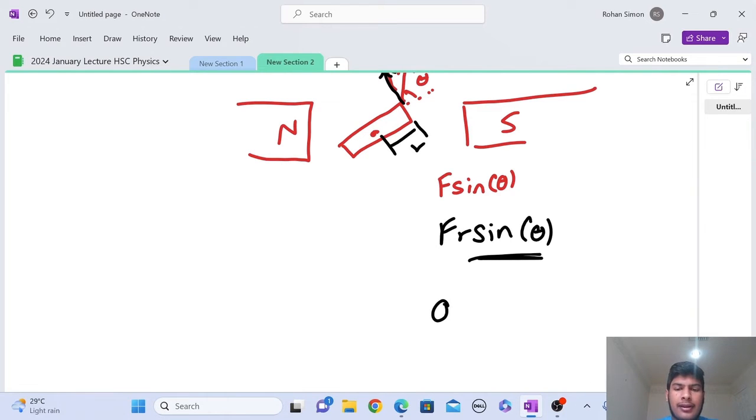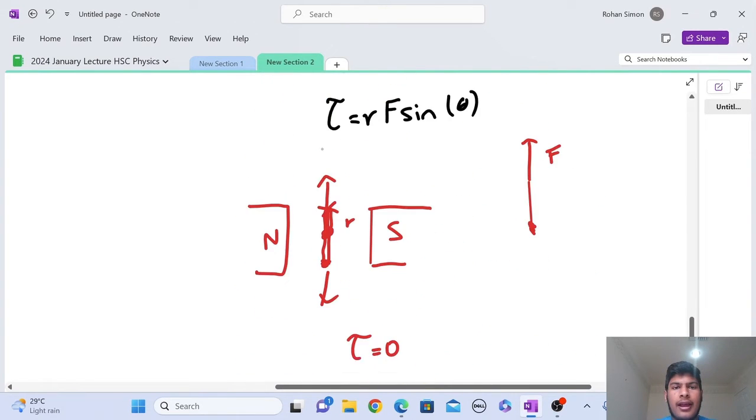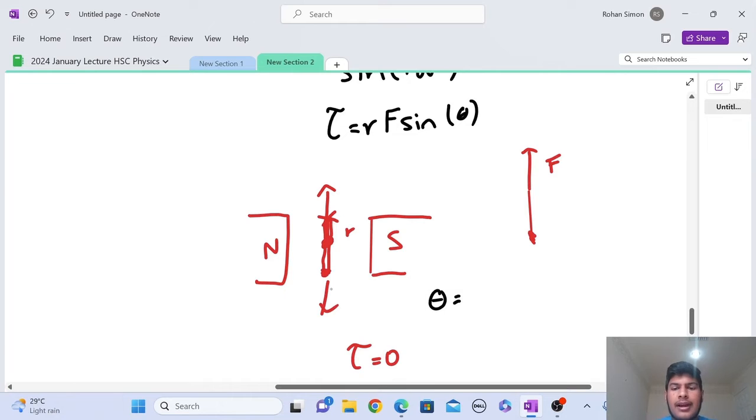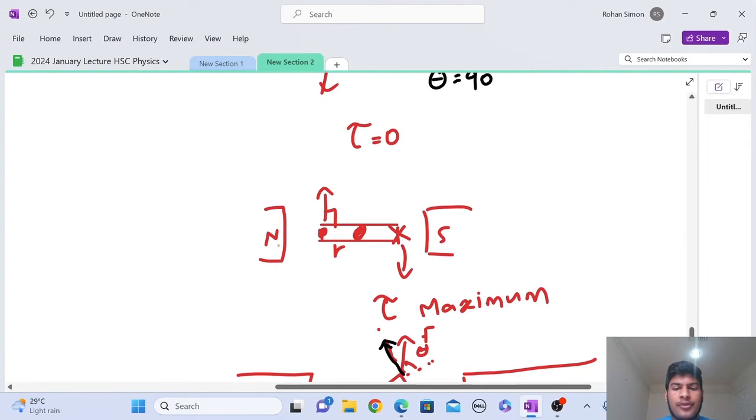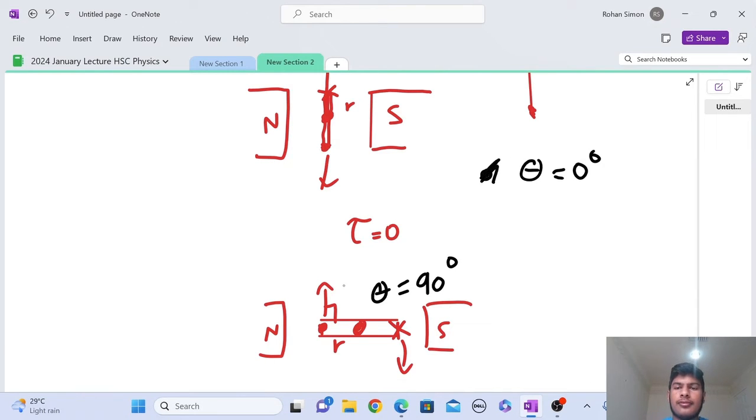At theta equals 90 degrees, torque is maximized, whereas in this case, theta equals 0 degrees.